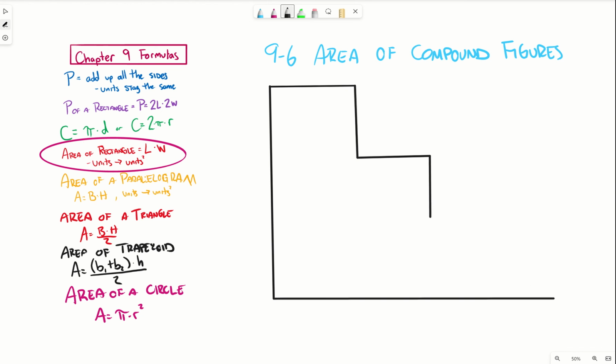Oops. All right, let's go with this. Here is our compound shape that we want to look for here.